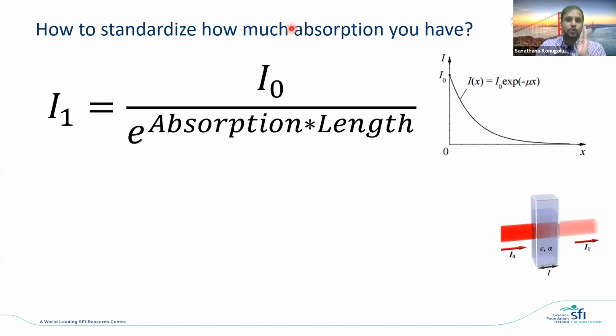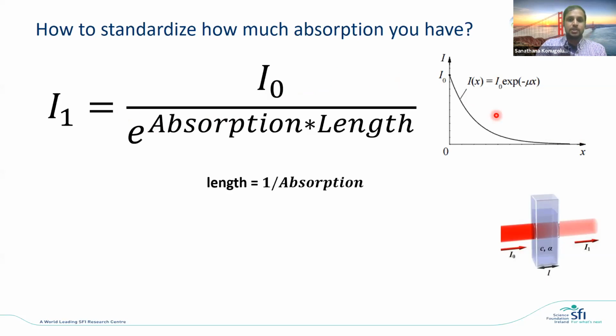So we can simply say I1, the light that you observe at the output, is I naught divided by exponential to the power of some x. It should be a negative sign. In the other way, I1 is equal to I naught times e to the power of minus absorption times length. So it's an exponentially decaying function.